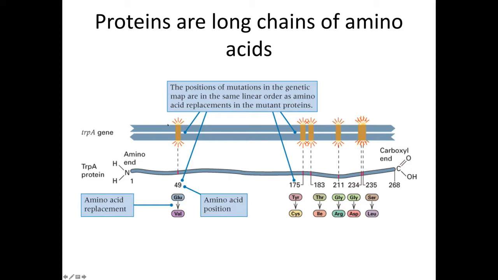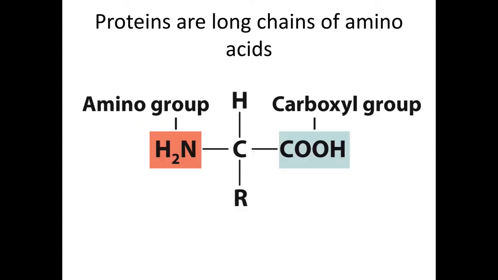But mutations in the DNA sequence will get carried informationally into the mRNA sequence, which would then be translated in the same positions, corresponding to the nucleotide sequence of the mutations, from one amino acid to the other. So the positions of mutations in the genetic map are in the same linear order as amino acid replacements in mutant proteins.